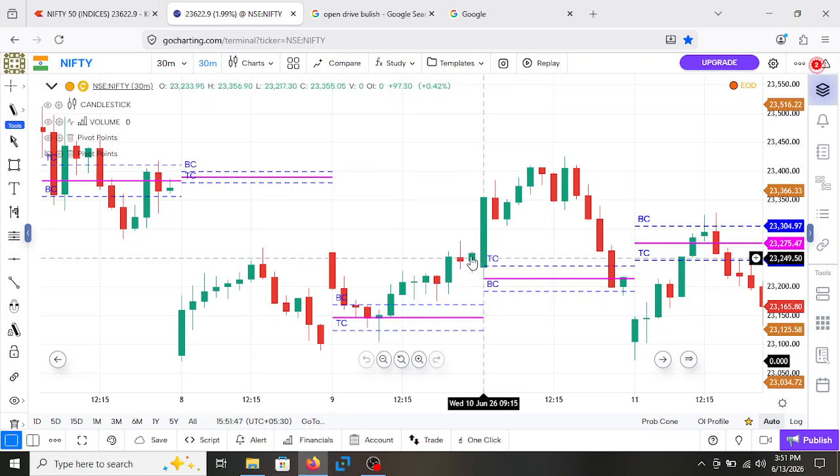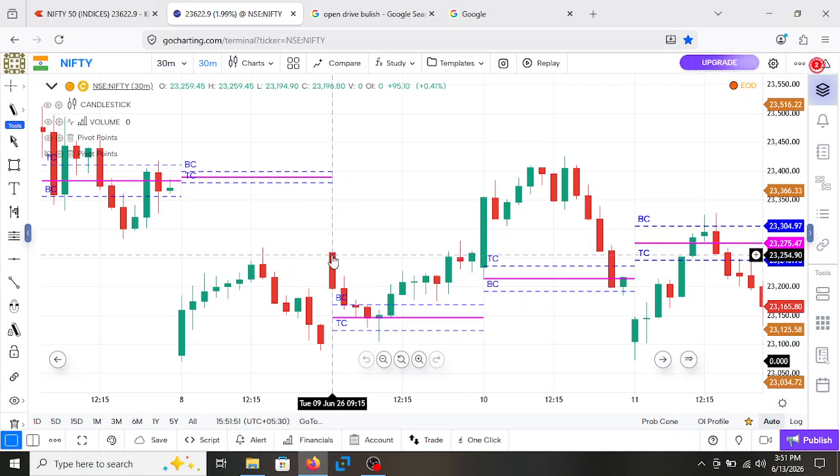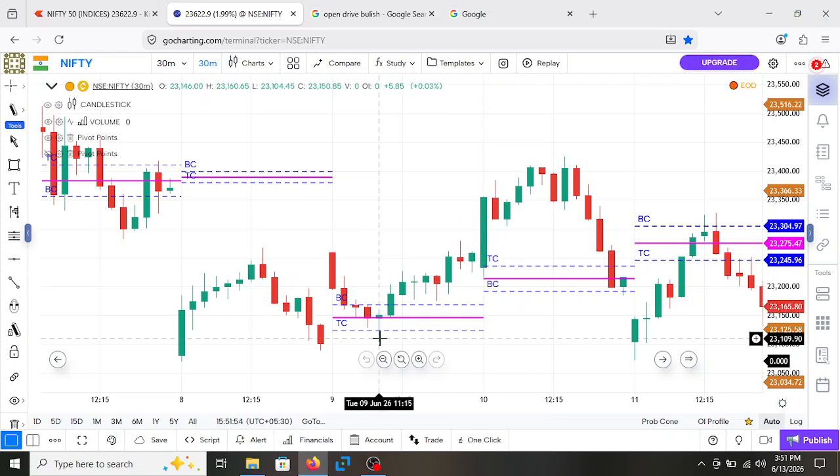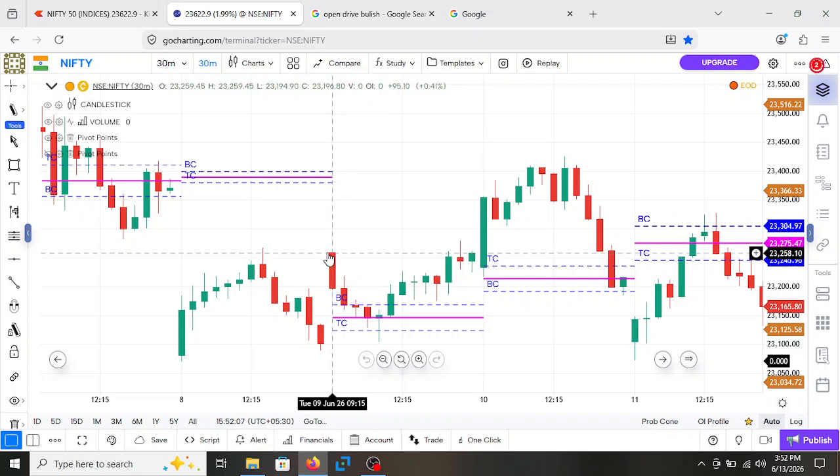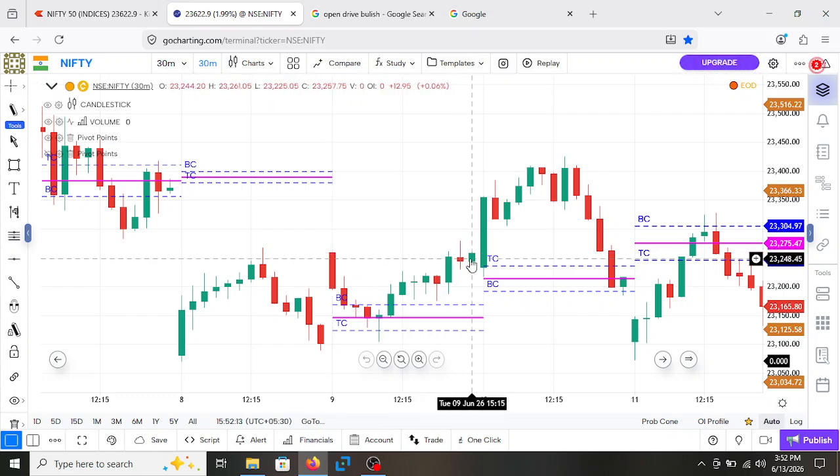What happened next day? We know that this is the price where the sellers are present. So buyers who entered here took control of Nifty next day, and we can see the 100-point candle here, because the sellers present here have to take care of their positions. So that's why this happened.